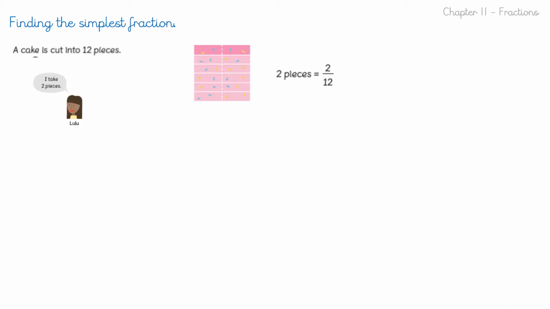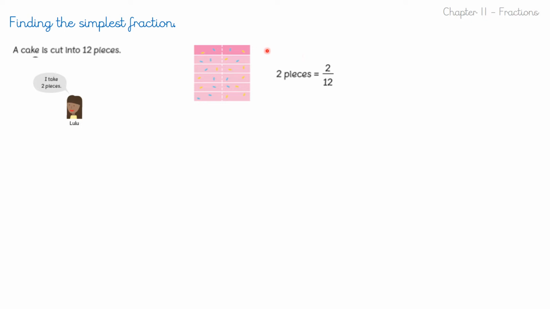If Lulu eats 2 pieces of the cake out of 12, what will be the simplest way to say the amount of cake that she's eaten? Now she has eaten 2 pieces out of 12. What could we do? Right, we could group the cake into groups of 2 because our numerator is telling us that she has taken 2 pieces.